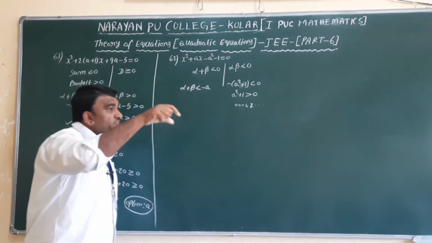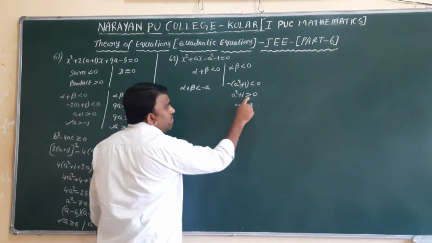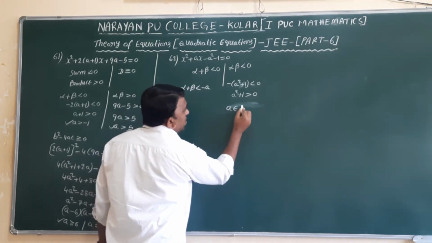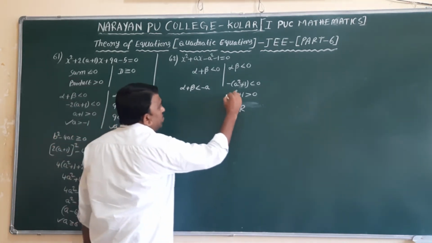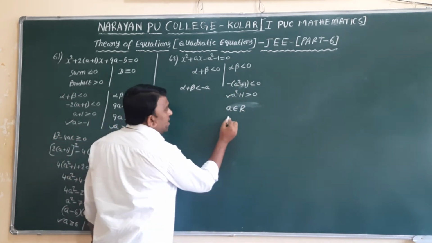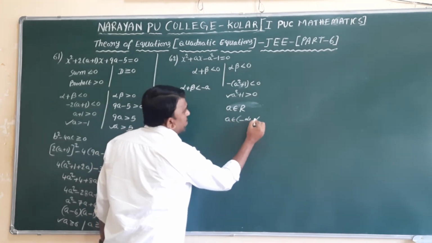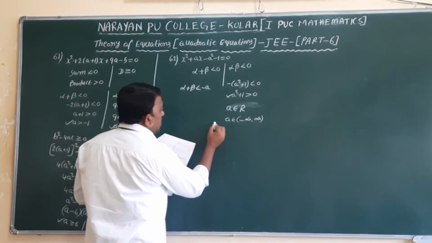For all real values this inequality will be satisfied. That's what a belongs to real numbers. You can take any real number, this inequality will be satisfied. So a belongs to the real number interval, minus infinity comma plus infinity. So option A is correct one.